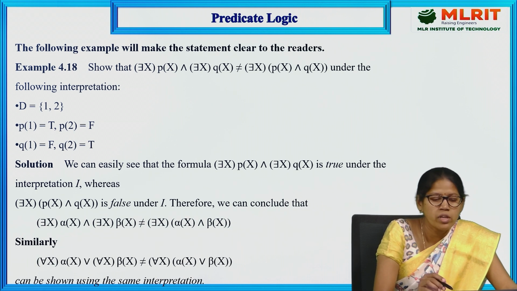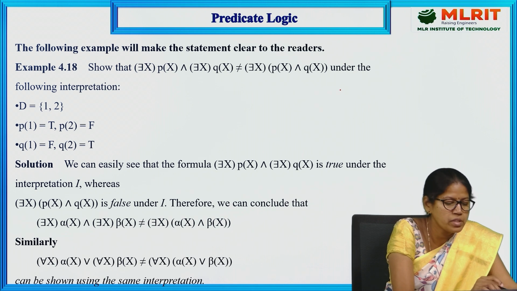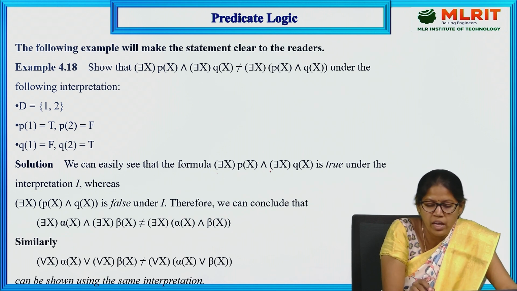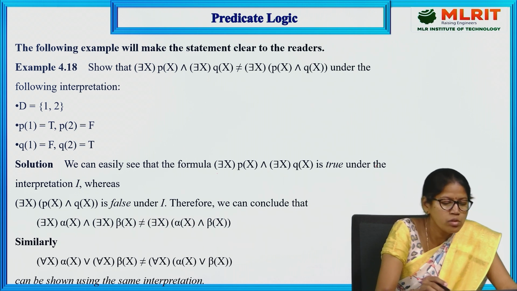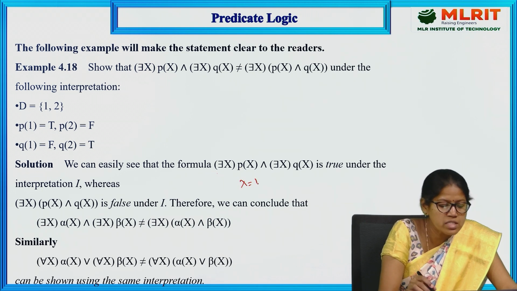Let's see one more example here, showing that it is not equivalent under the interpretation. So here, there exists X, P of X, and there exists X, Q of X. When X equals 1, there exists X, P of X. What is the P of X? 1 is true.